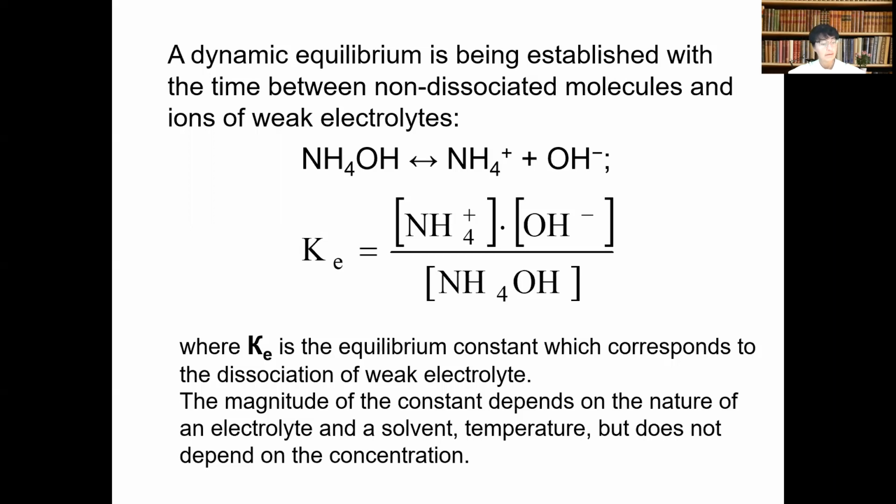I hope you remember this symbol, the two-way arrow, as a marker of a reversible process. For a weak electrolyte, you see the dissociation into cation and anion, and the constant.